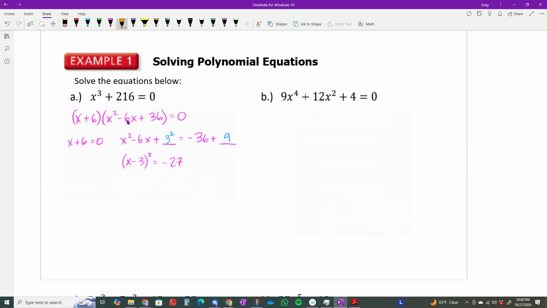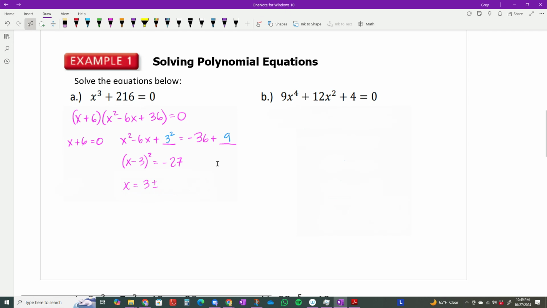Now, I might have skipped some steps here, so I'm just going to go a little slower. You take the square root of both sides, okay? And when you take the square root of both sides, you have x is equal to the square root of that, but I'm going to add the 3. So that's going to be 3 plus or minus.